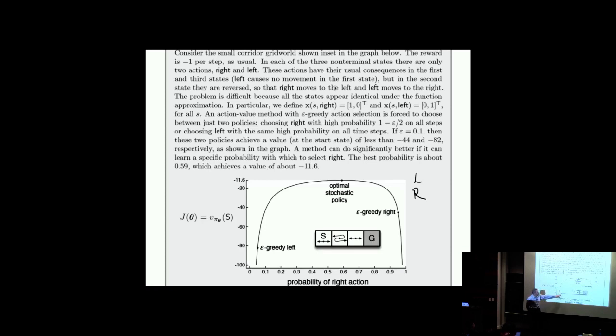But even with an epsilon greedy left or an epsilon greedy R, you don't do as well as if you have a stochastic policy that simply goes L half the time and R half the time. I guess it's not quite half the time, that would be here. So it's closer to 0.6 of the time you'll go R and 0.4 of the time L.